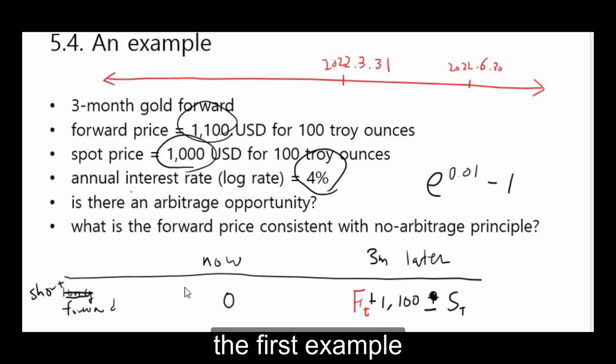And we want to convert this into some number. So one way to convert this is I'm going to write this as 2022.25 because it's only a quarter of the year passed at this point.